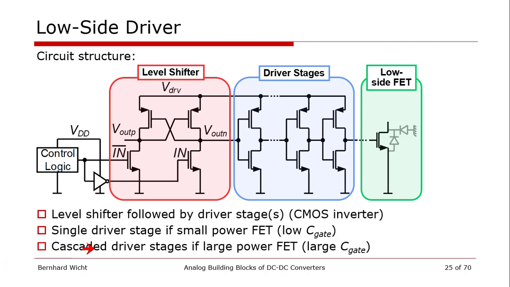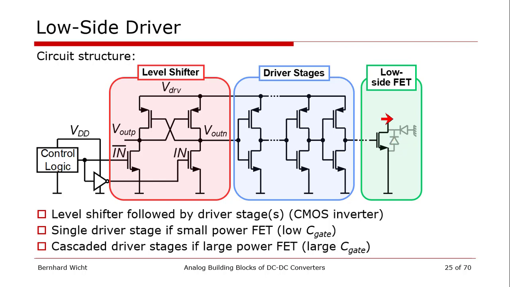So let's look into a real circuit, how such a driver can be implemented. And that's really an example of a real-world driver. So there's almost all components included. It shows these 3 major blocks. On the right, we see our power transistor.